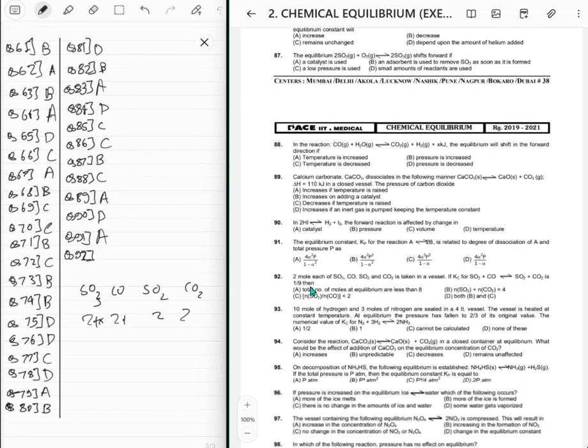Plus x, this is plus x, this is minus x, right? In fact, just use degree of dissociation. It's not dissociation but degree of reaction, if you will. So it's 2 into 1 plus alpha, and this is 2 into 1 minus alpha.